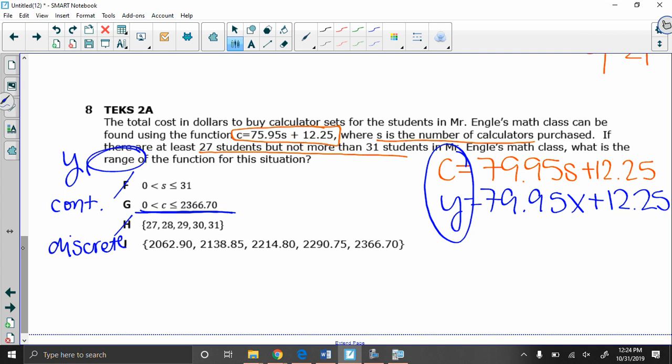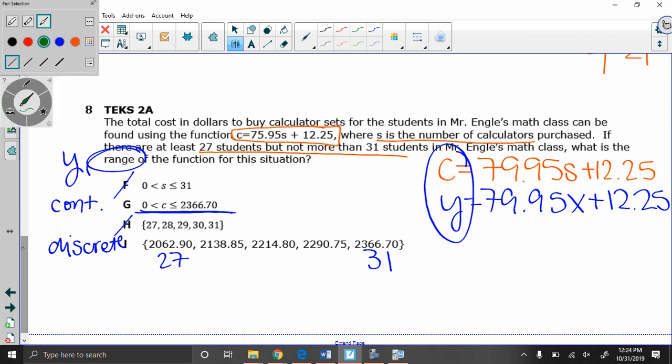I can't have all of those values. I need separate whole numbers because I need to purchase calculators for 27 to 31 students. So, based on that, my answer would be J, because I need to purchase a certain amount of calculators, and I can't purchase parts of those calculators.